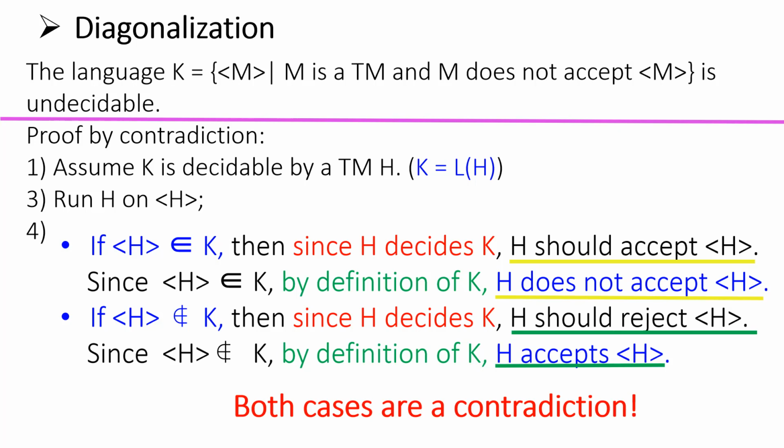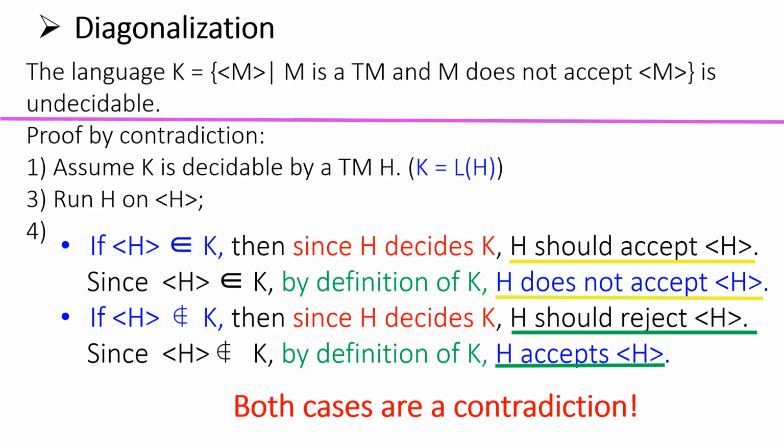In the second step, we analyze possible results of running H on its own encoding. If the encoding of H is in K, then since H decides K, H should accept the encoding of H. Since the encoding of H is in K, by definition of K, H does not accept <H>.